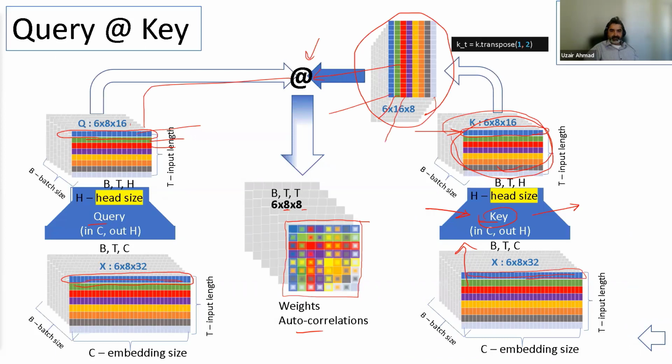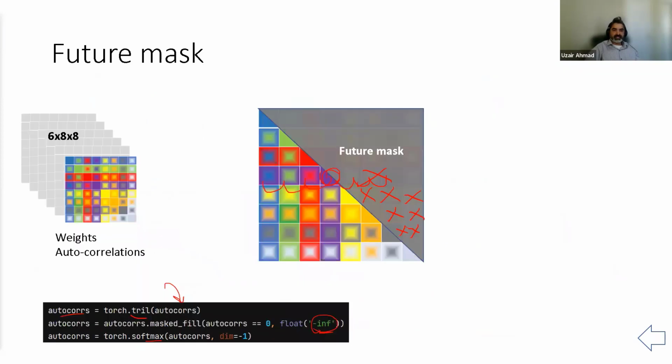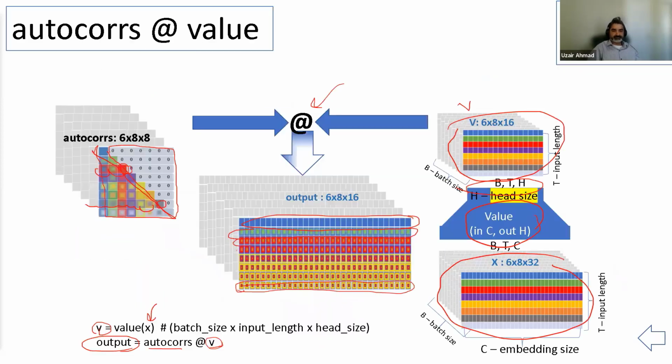So again, who am I and what am I looking for are learned by the key and query matrices. And then we apply the future mask. That autocorrelation matrix is multiplied by the output of the value network, which represents the benefit that the other word will get if the other word is in the sentence.